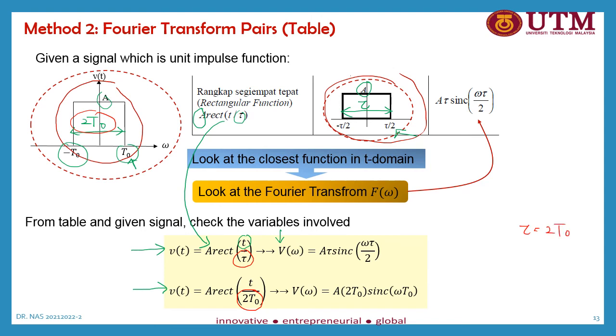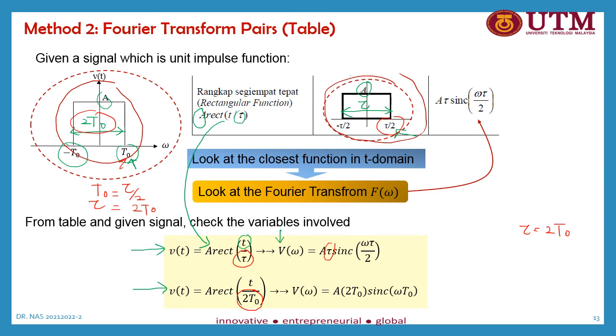Or from the function, you can see that your T0 is equal to tau over 2. So now look at the equation in Fourier transform: A tau sinc function of omega tau over 2.